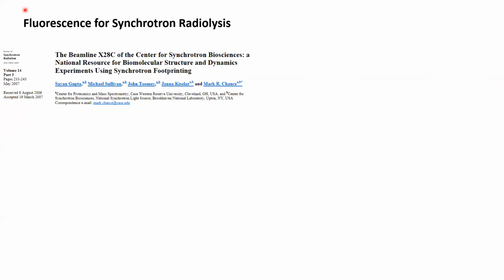And there are many methods that have been published for doing radical dosimetry in hydroxyl radical protein footprinting measurements. The first one was published specifically for doing hydroxyl radical protein footprinting by water radiolysis in an X-ray synchrotron beamline, published by the Chance Group in 2007.